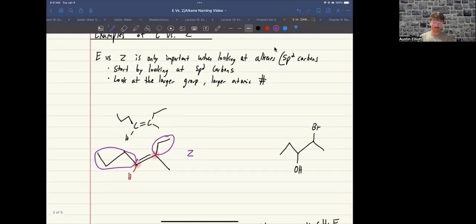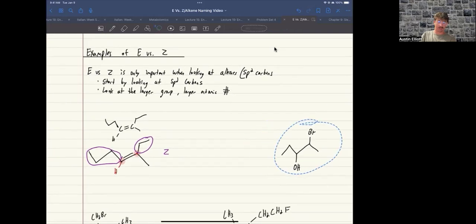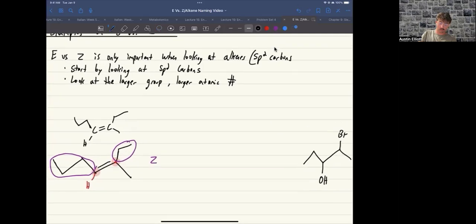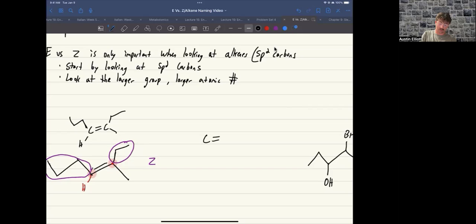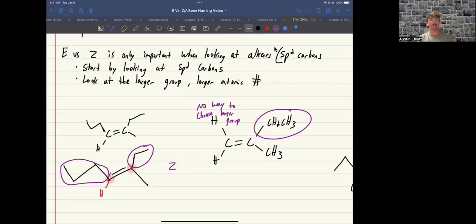Now with this, if you have something that has two of the same groups on the same side, I'll make an example really quickly. So for example, if we have something like this, while this side does have a difference, and this would be our larger group, there's no way to tell or no way to designate on the side of the hydrogens because it's the same.